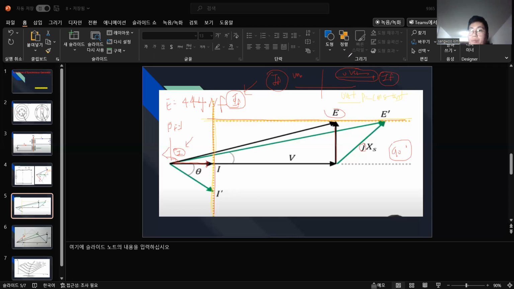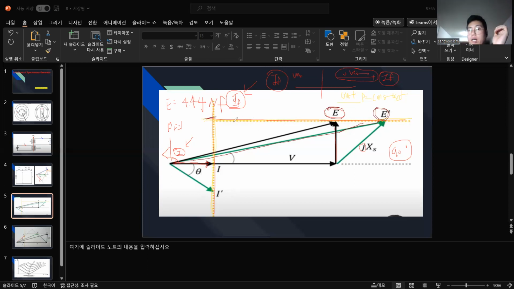If I increase E, this green line you can see, you don't need to look at this I current right now. Because the output is constant, it's the same limitation.